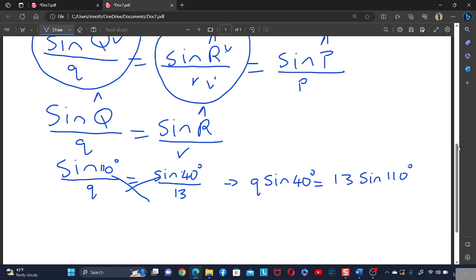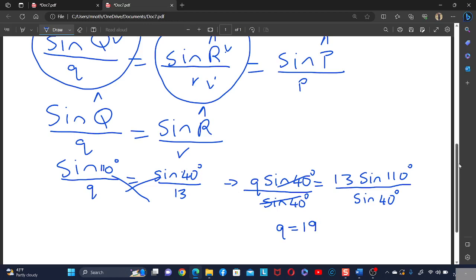We are looking for Q, so we have to divide by sine 40 degrees on both sides, so that we are left with Q on this side. So Q is equal to 13 sine 110 all over sine 40, which is going to give us 19. Therefore, Q is 19.